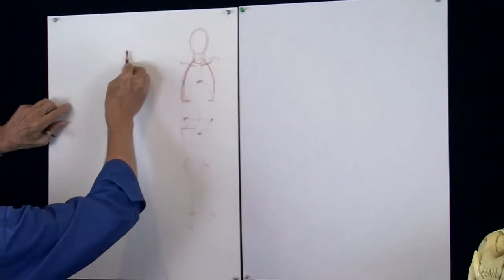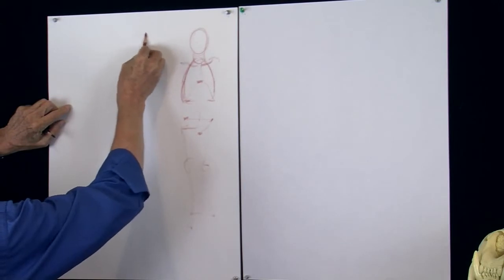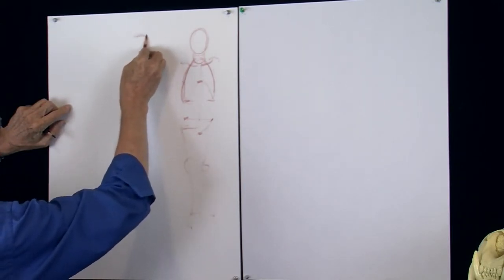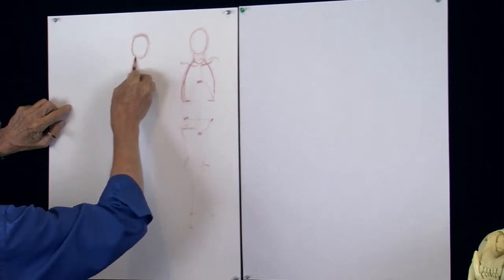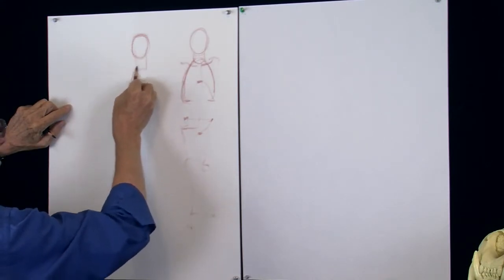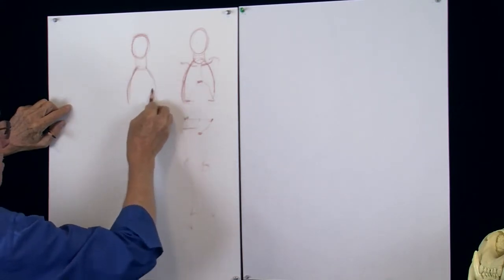Now, if I take this and look at the top, primarily from the back, what we have is the head, and basically a cylinder for the neck. We have a rib cage, same thing.